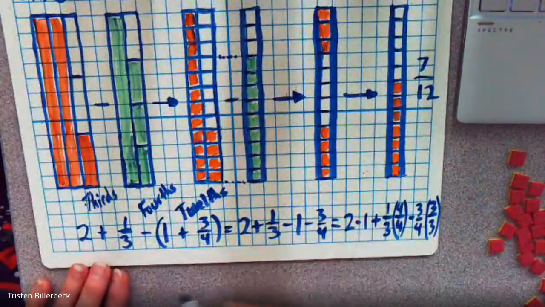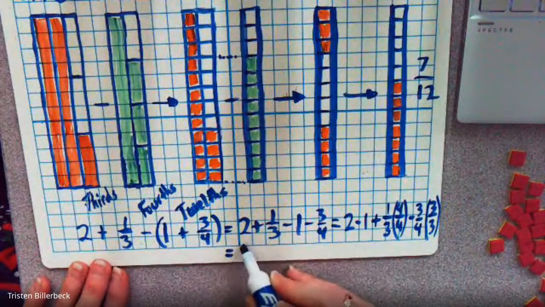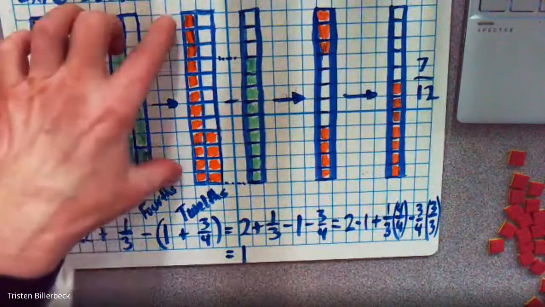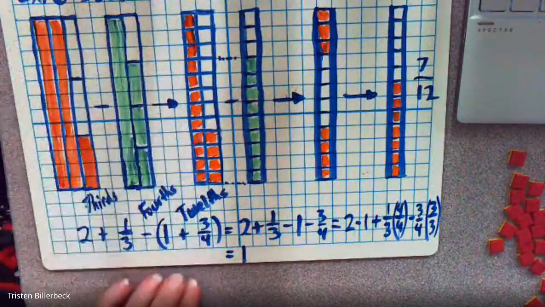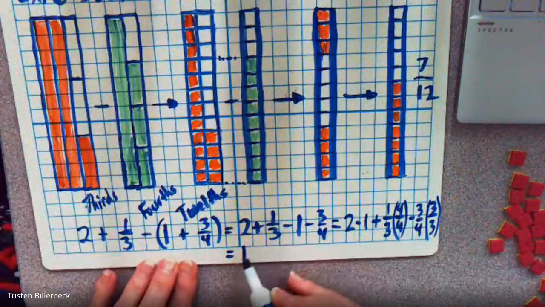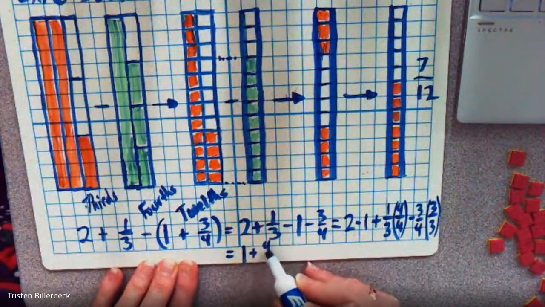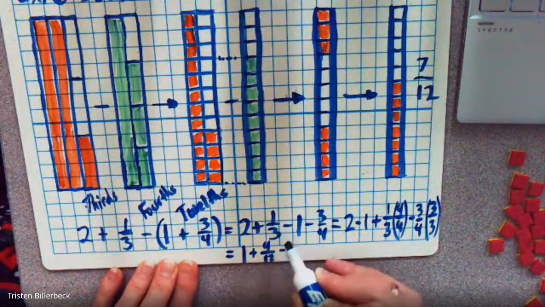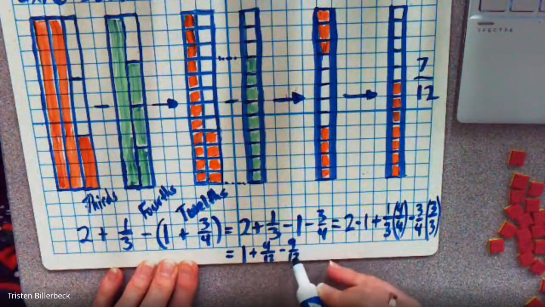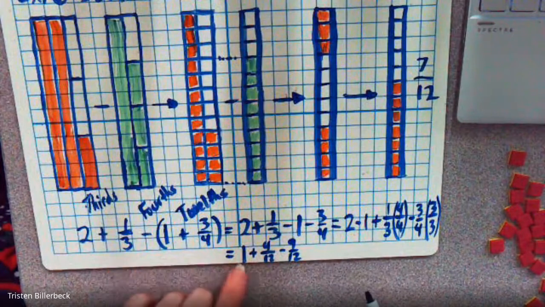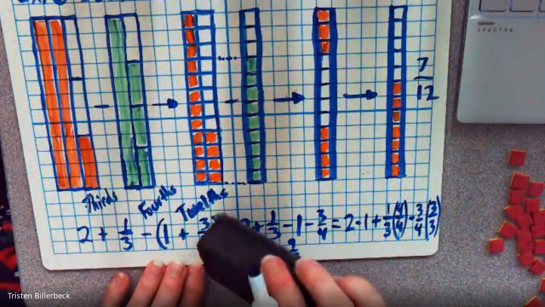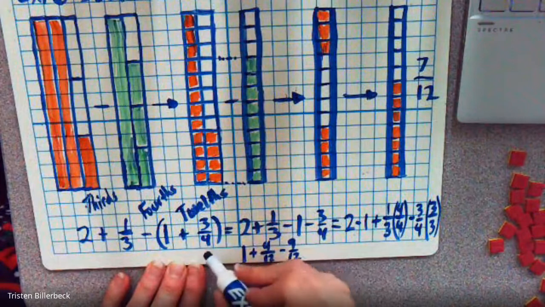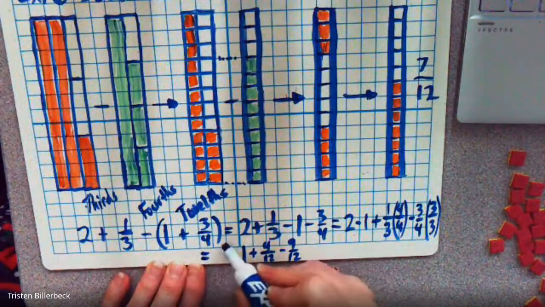So 2 minus 1, well, that just is 1, which is what we saw here. We just have 1 here. And then I have plus 4 12s minus 9 12s. And then I say, uh-oh, I need to do something about this. This 1 is going to have to change its denomination too.